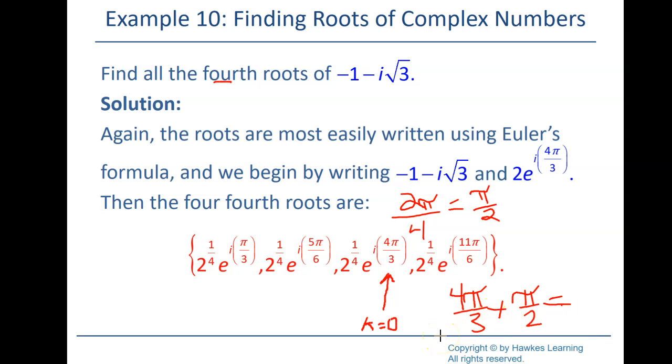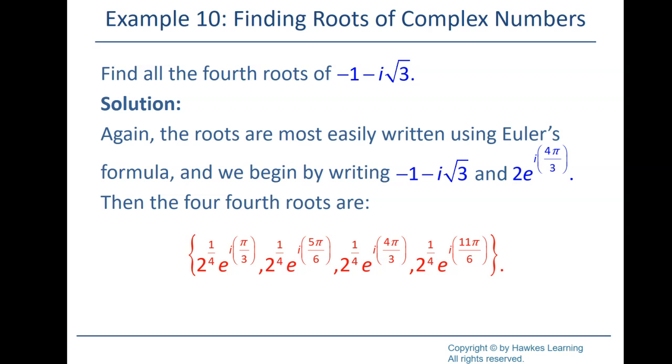So I would get 8 pi over 6 plus 3 pi over 6. 8 pi over 6 and 3 pi over 6 is 11 pi over 6. And that would give me this one. This is when k equals, starting to get a little messy here, sorry, this is when k equals 0. This is when k equals 1.